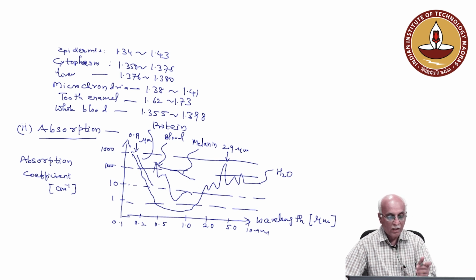applications. For example, if we want to treat some of the tissue samples and remove some of the tissues, we would prefer a high absorption band of this electromagnetic spectrum, where the tissue material can absorb a large amount of photon energy, so that is around 0.19 micrometer.